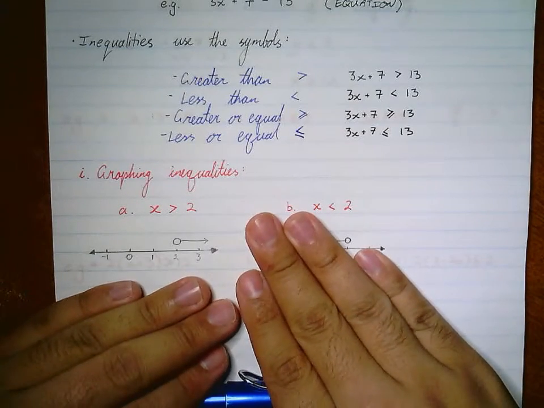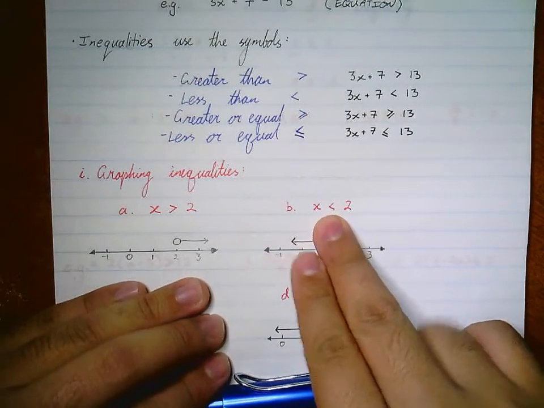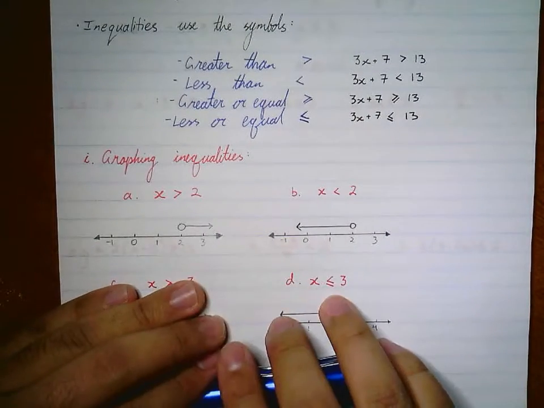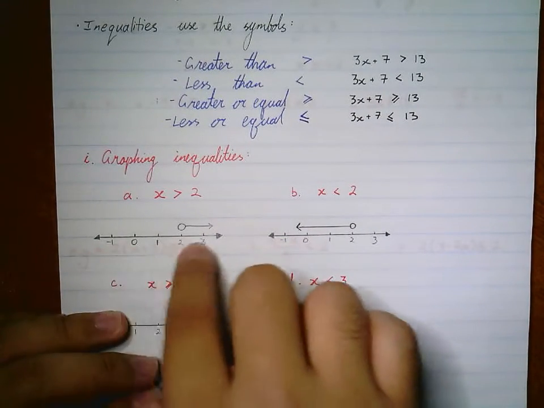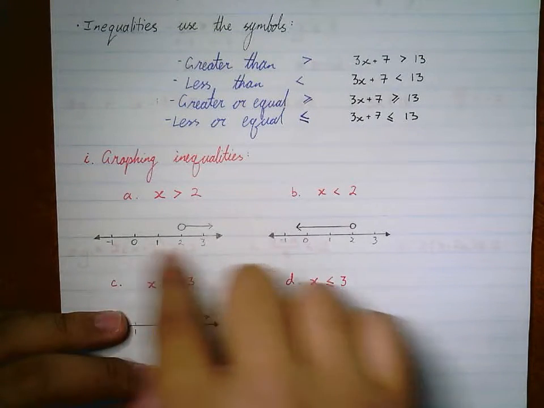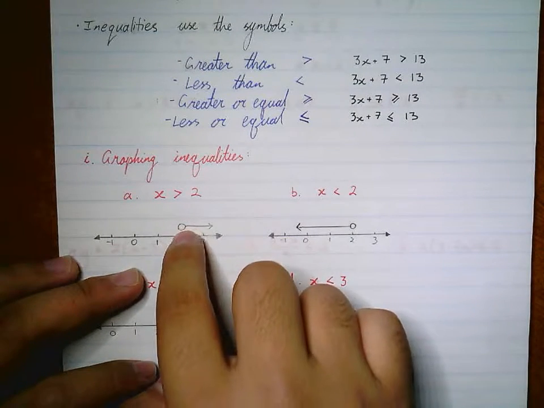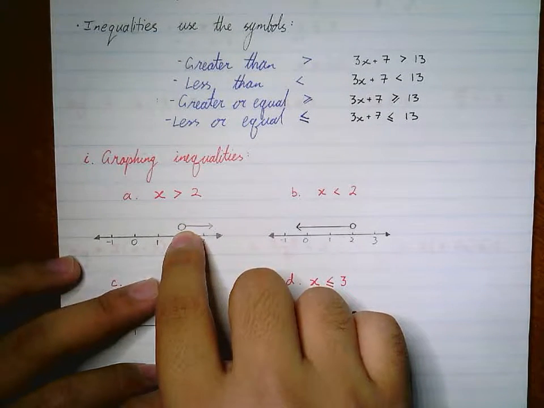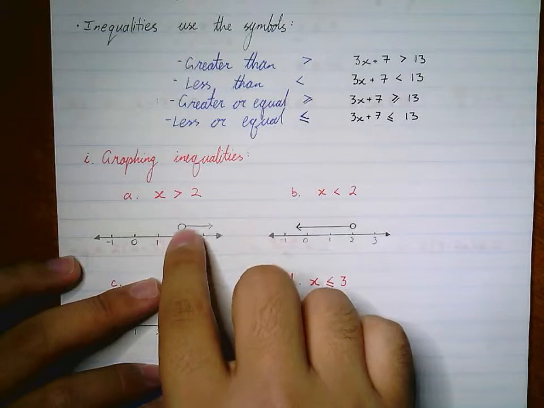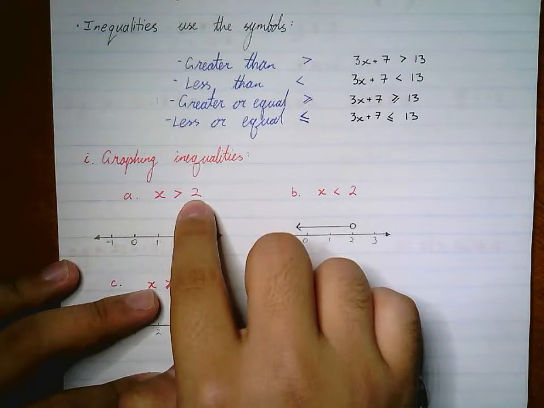So the first thing is the greater than or less than. All it means is you draw a number line, give it the values, -1 or whatever is appropriate, and then put an open dot above the answer that we're given. So let's say we get an inequality and this solution, x is greater than 2.